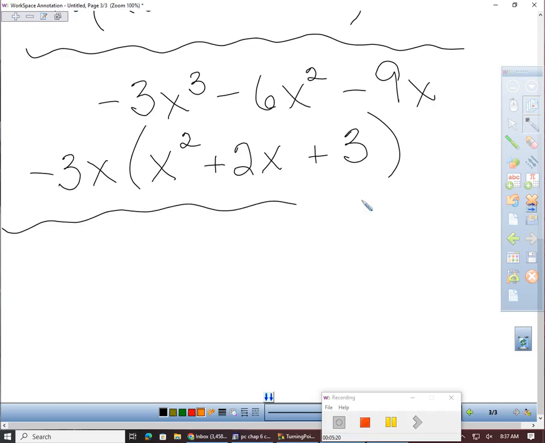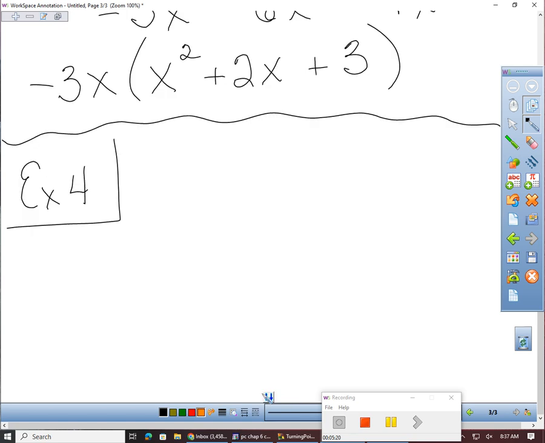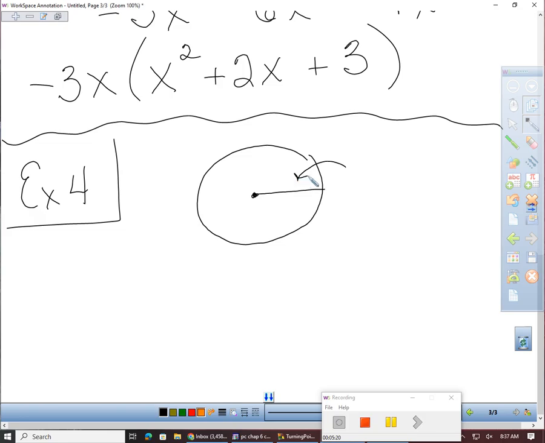Example number 4. Because you guys have everything else so good, we're going to go to this one. We have a circular table with a radius of 6x.